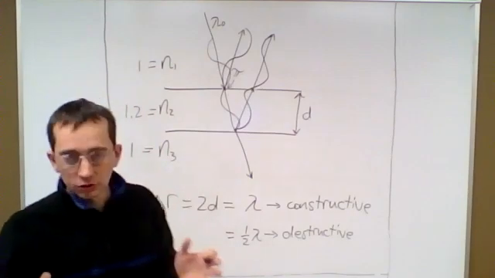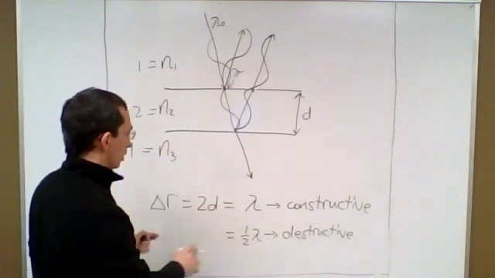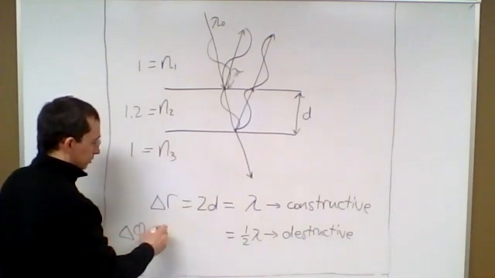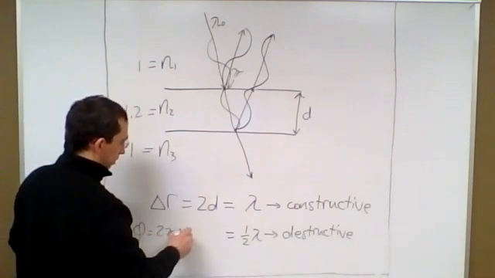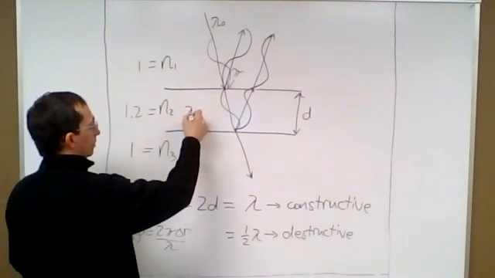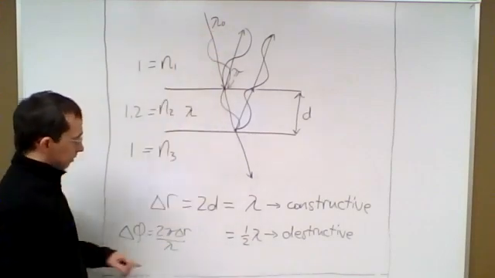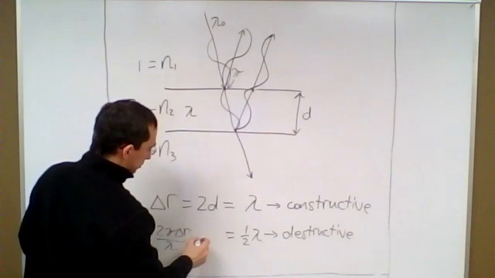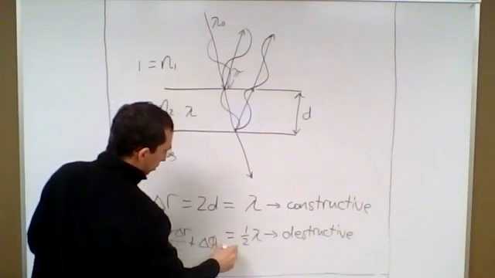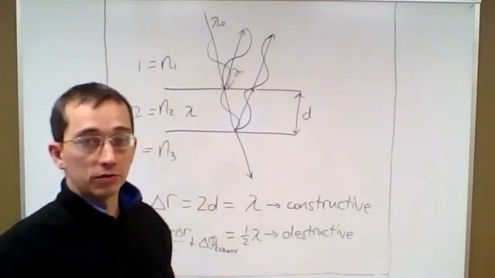So a way I like to do it, because that's pretty complicated, lots of stuff to think of, you can write out an equation. Your delta phi between the two is going to be 2 pi delta r over lambda. And we need to be careful, it's going to be the lambda in the material, not the lambda outside, plus any delta phi for the boundaries, the reflections.